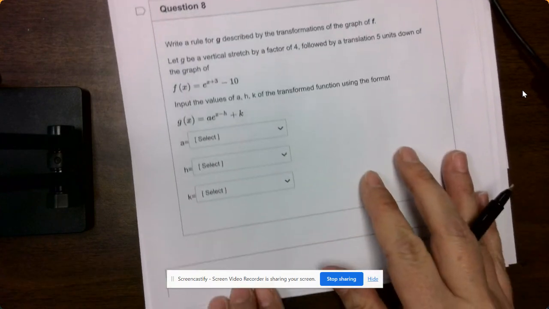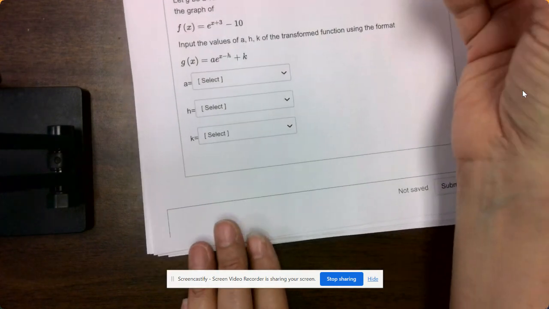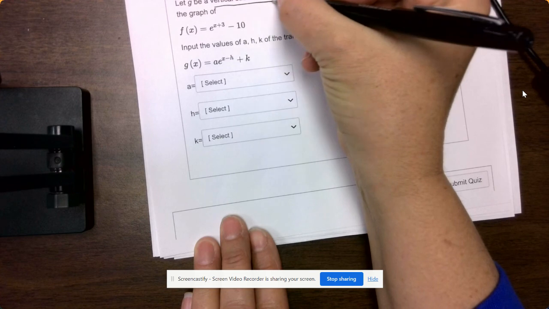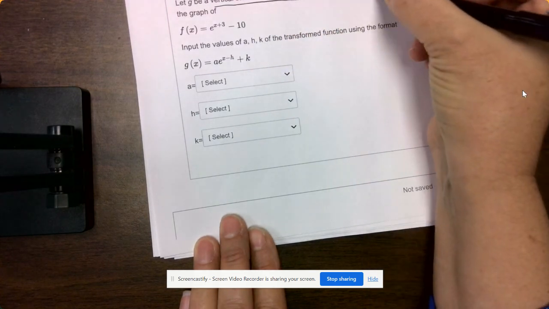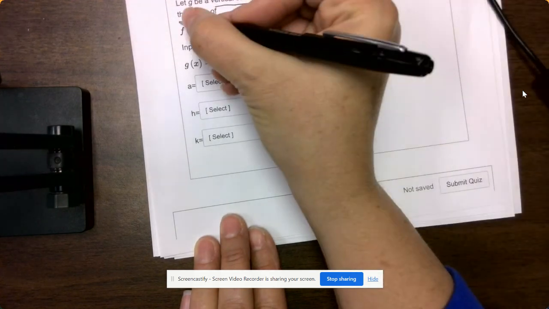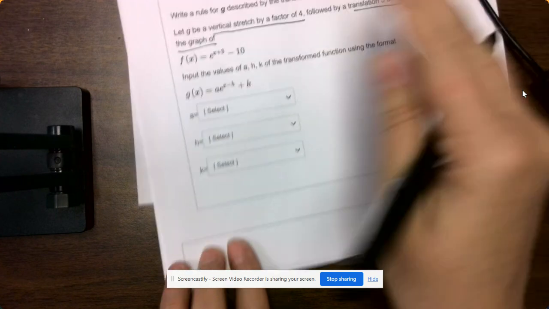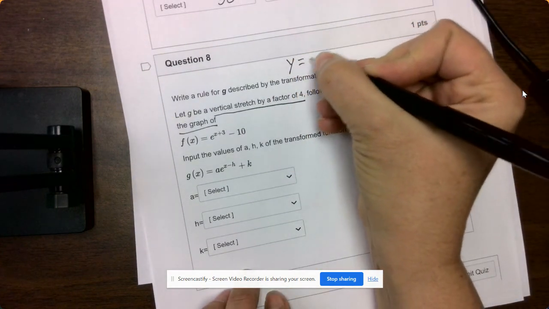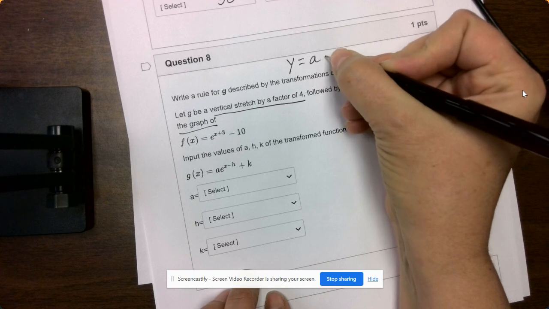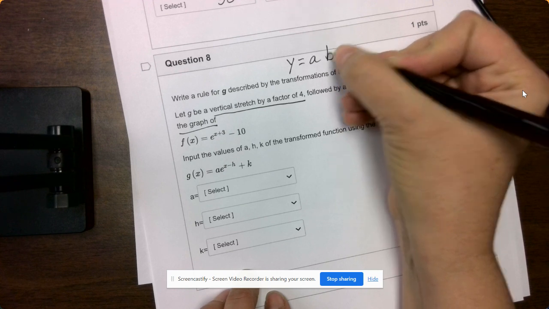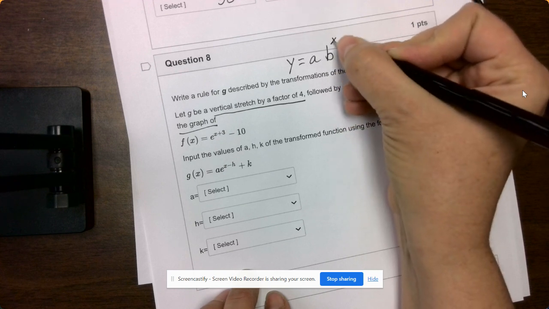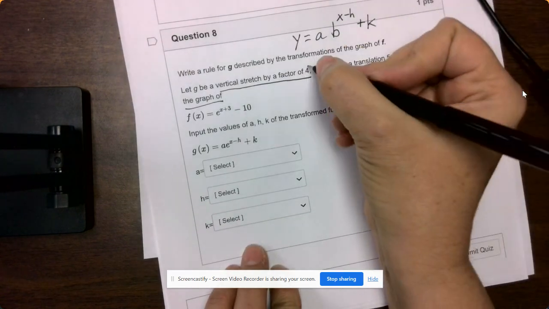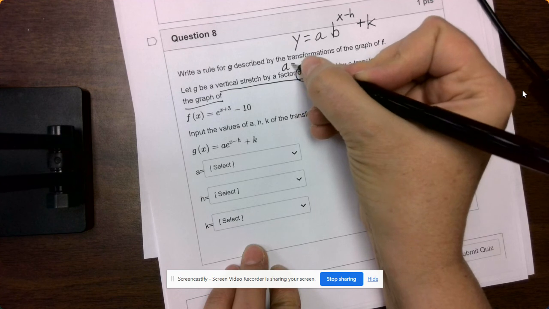Okay, write a rule for G describing the stretch. So a vertical stretch by a factor of 4, followed by a translation 5 units down. If we're doing a vertical stretch by 4, everybody remember Y is equal to A times B raised to the X minus H plus K. So vertical stretch by a factor of 4 means our A value is going to be 4.